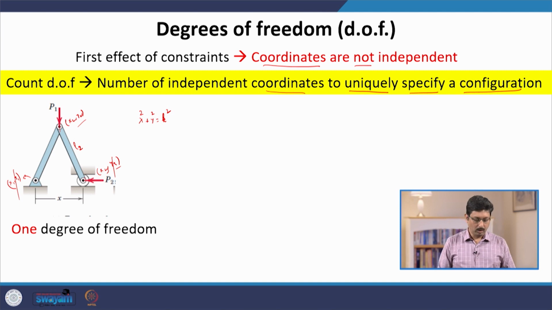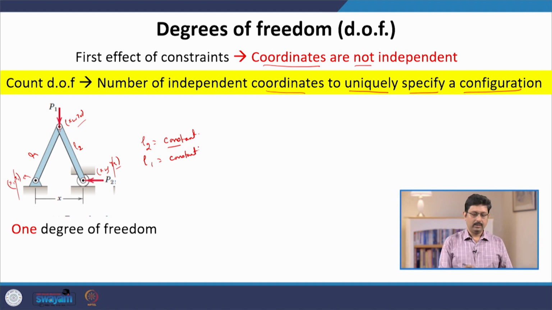So, you can drop y3, and this L2 is a constant. Similarly, there is another constant, let us call that L1, which is the length of the other rod. So, this motion is also determined by the fact that it is connected to this fixed point, through another condition that L1 is equal to a constant.